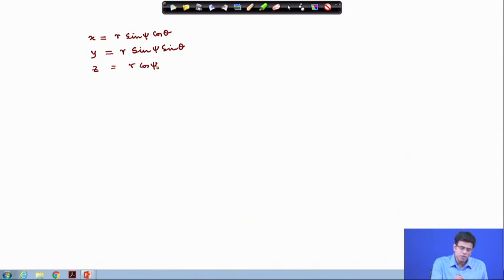So, if this is my relation for the spherical coordinate system, we can easily compute the basis vectors. So, basis vector E r is essentially sin psi cos theta, sin psi sin theta and cos psi.